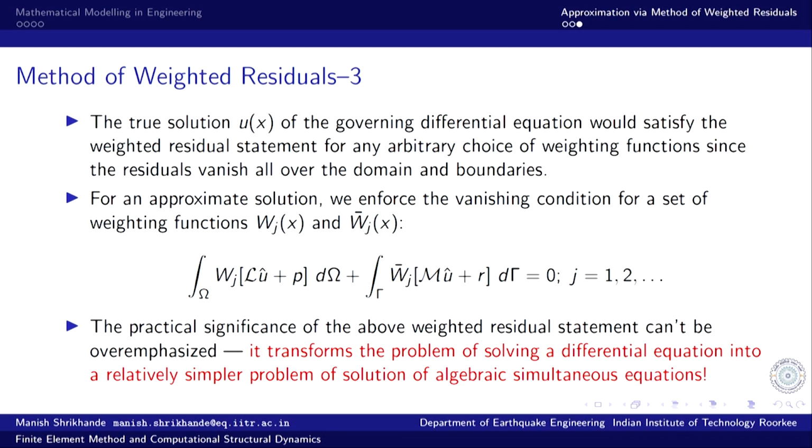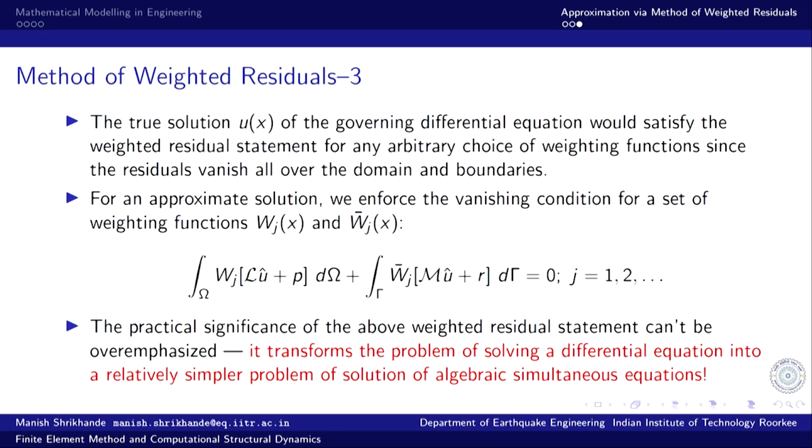of solution of algebraic simultaneous equations, because after this evaluation of integrals, once we have some approximation of the solution available in function u hat, the derivatives are all taken care of.